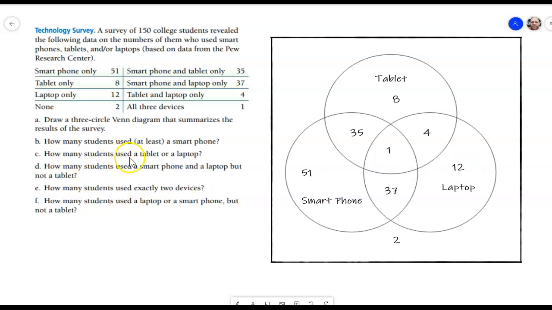All right, how many students used a tablet or a laptop? All right, so all of these students here used a tablet, plus these students used a laptop here. So we're going to add up all of these students here, right? The only ones that we're not going to add up is this 51 here and that 2 there.